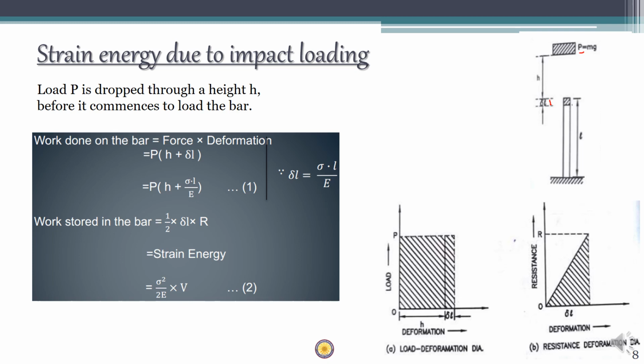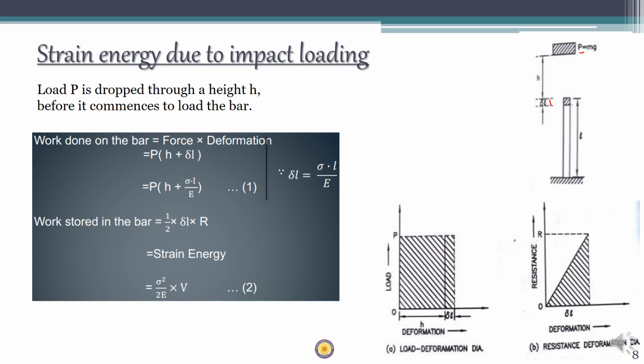We have two rectangles here, one of base h and another of base delta L. The h is due to the fall and delta L is due to deformation. Now, the body itself knows about this work done only when the weight hits the bar.